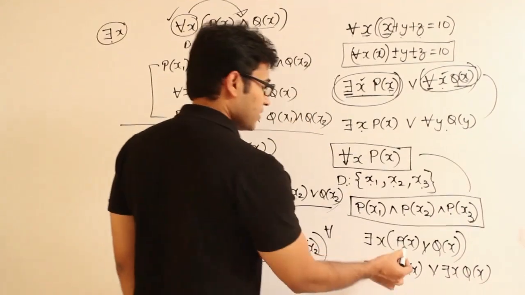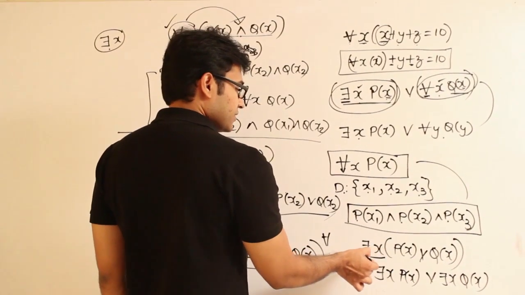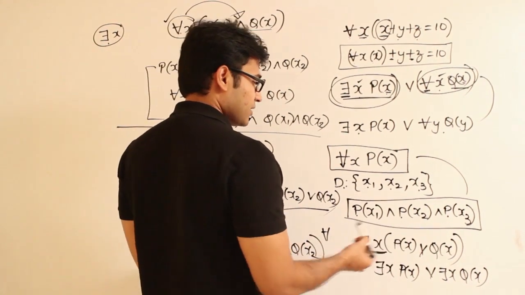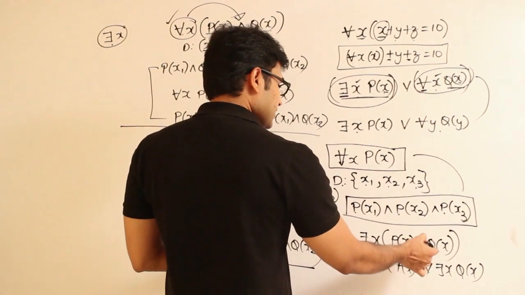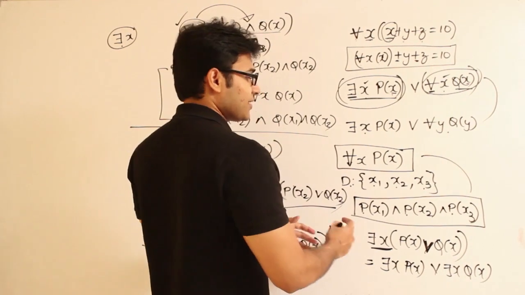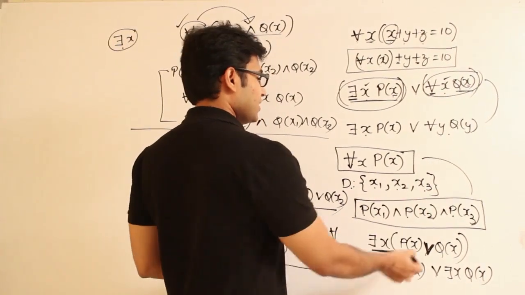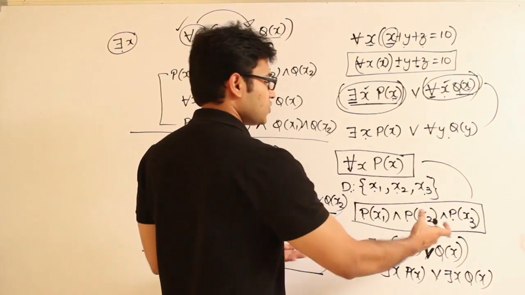The reason is when you have this there exists, it has to be expanded using disjunction only, and since you are expanding it anyway using disjunction, if there is already a disjunction present, then we can distribute over it.